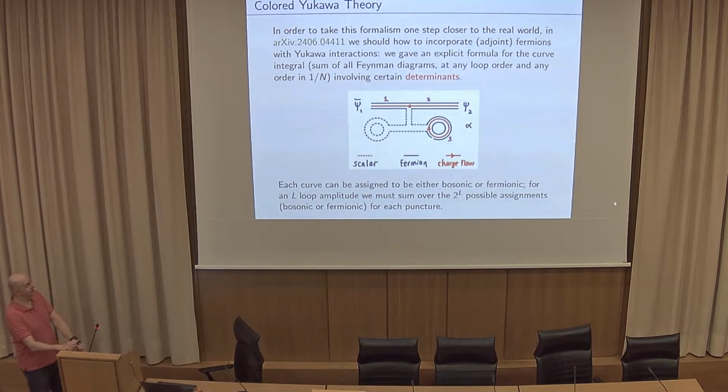So here's an example of a curve that goes around some puncture without going between the internal and external particles, and that can be either bosonic or fermionic. If you're a string theorist, this smells like summing over the 2 to the G different spin structures if you're doing string theory on a genus G Riemann surface.